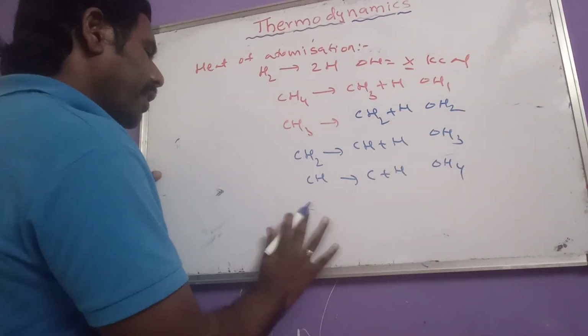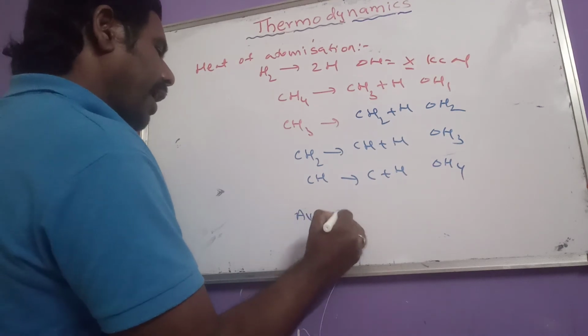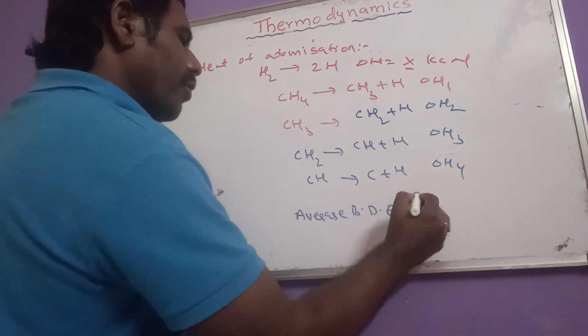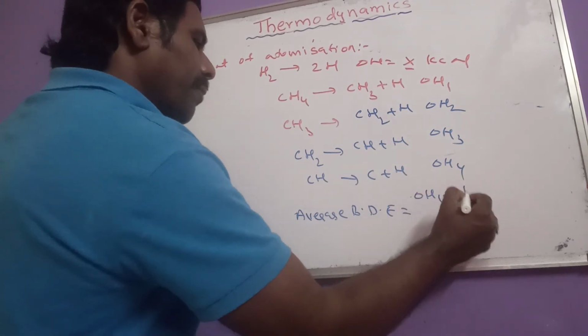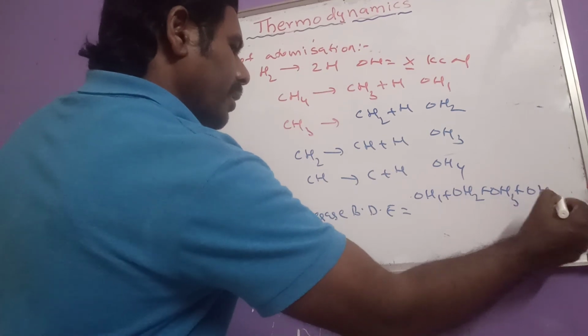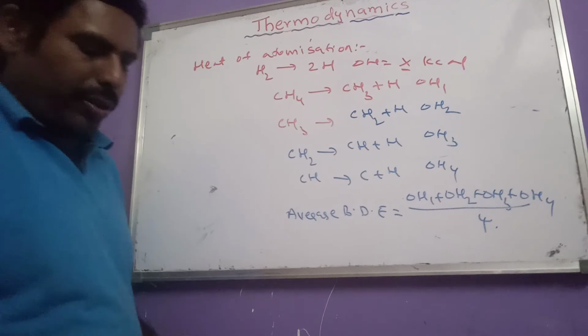Therefore, the average bond dissociation energy equals delta H1 plus delta H2 plus delta H3 plus delta H4 divided by 4. Like this we have to calculate.